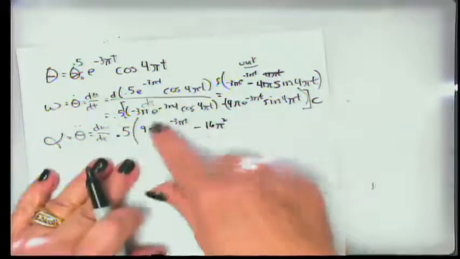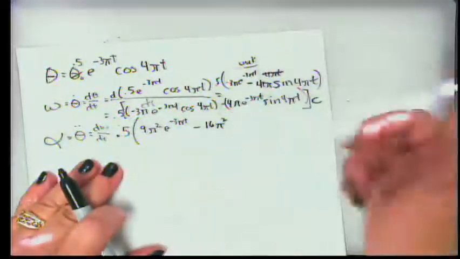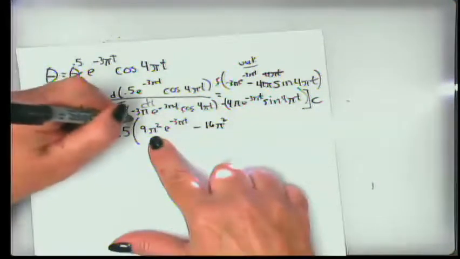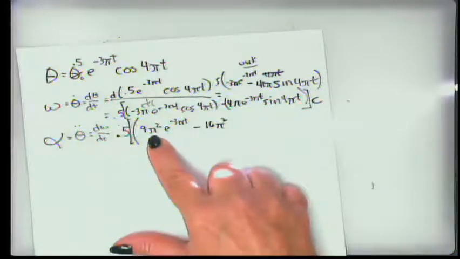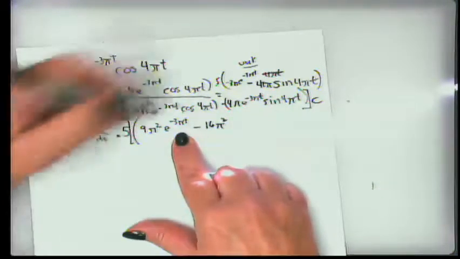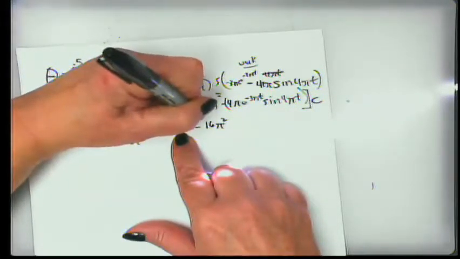All right, so we have to do the same thing where we do the first times the derivative of the second, plus the second times the derivative of the first. And when we do that, we come up with quite an expression. We get 9 pi squared e to the minus 3 pi t, multiplied by the cosine of 4 pi t.